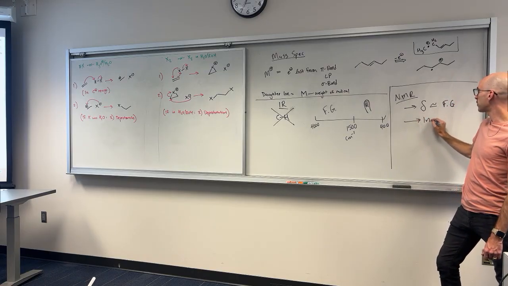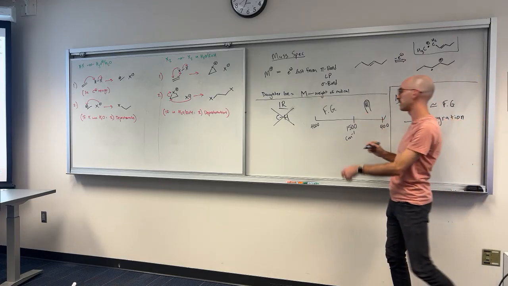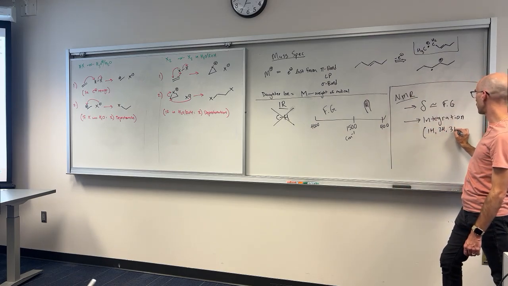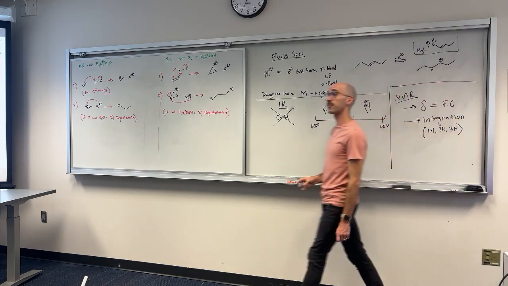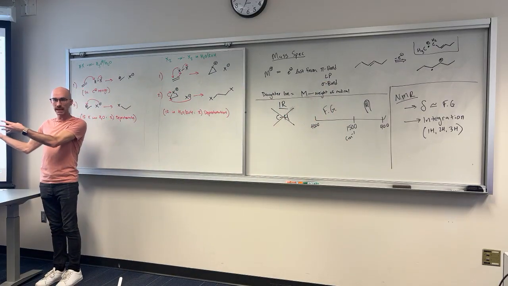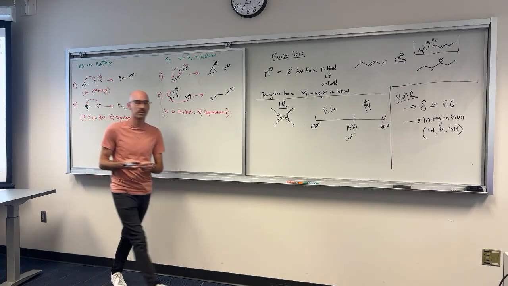And then you have integration. These will be given to you. You'll notice they're not on here. That's things like 1H, 2H, 3H, which tells you how many hydrogens are making that signal. So it tells you how many hydrogens are in the compound.